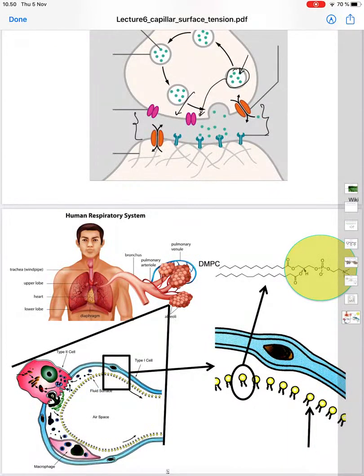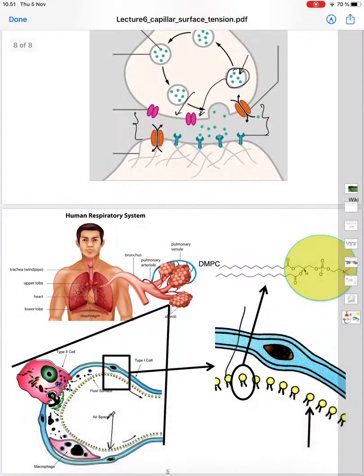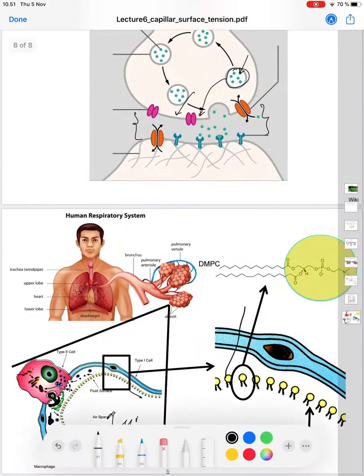Another example which you will encounter in your exercise is the human respiratory system. So when you inhale air or oxygen, it eventually ends up in these alveoli, which are really small. We can approximate them as spheres, and I think they're of the radius of micrometers.